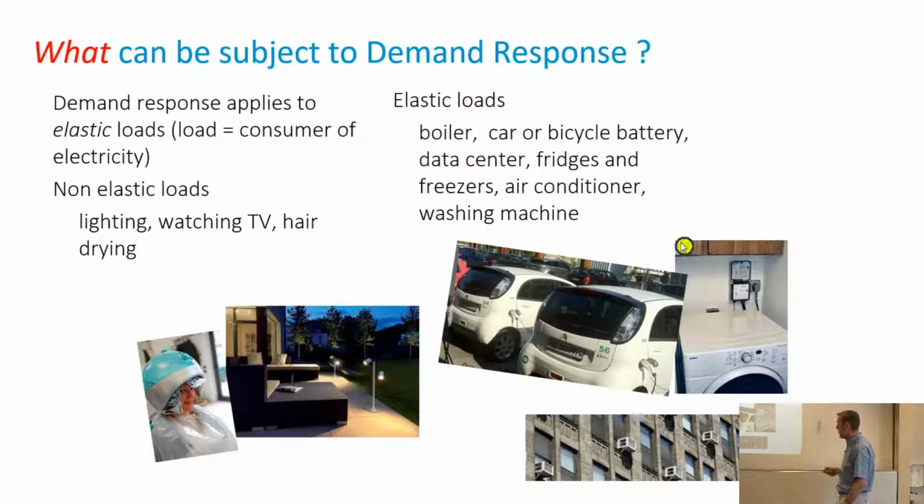And here I'm showing the problem that your generation in the grid, for those of you who will be confronted with grids, will have to solve. That's the problem of electric mobility. Electric mobility will cause a huge increase on the consumption of the grid.